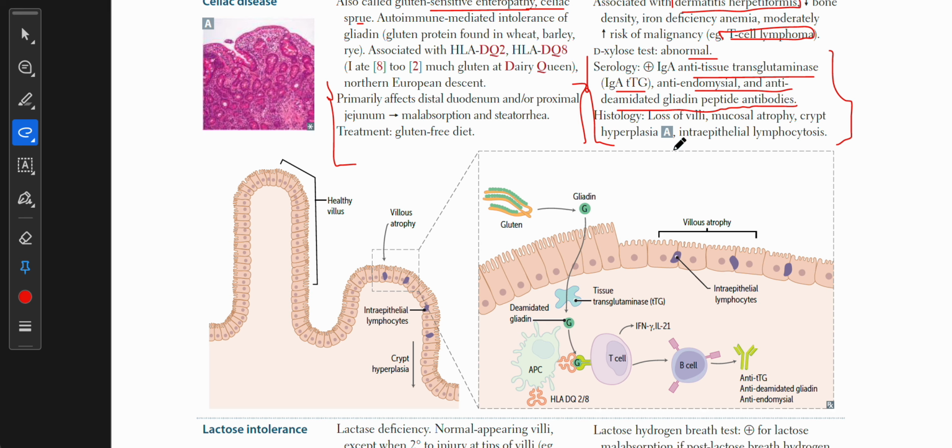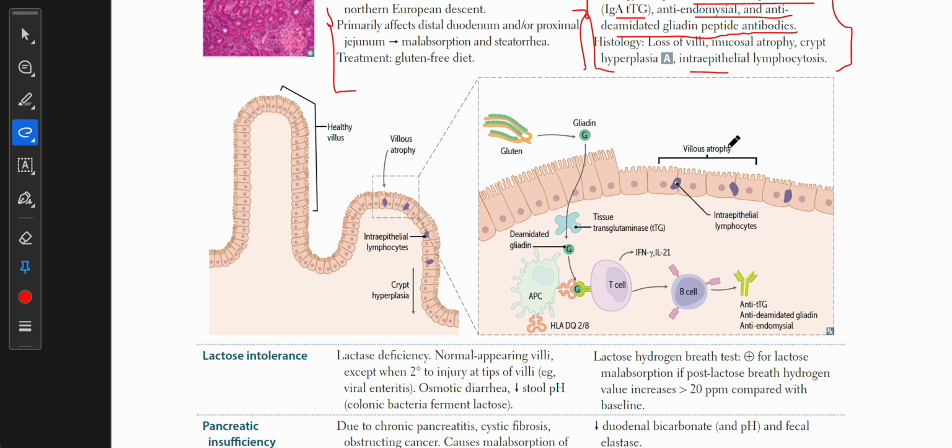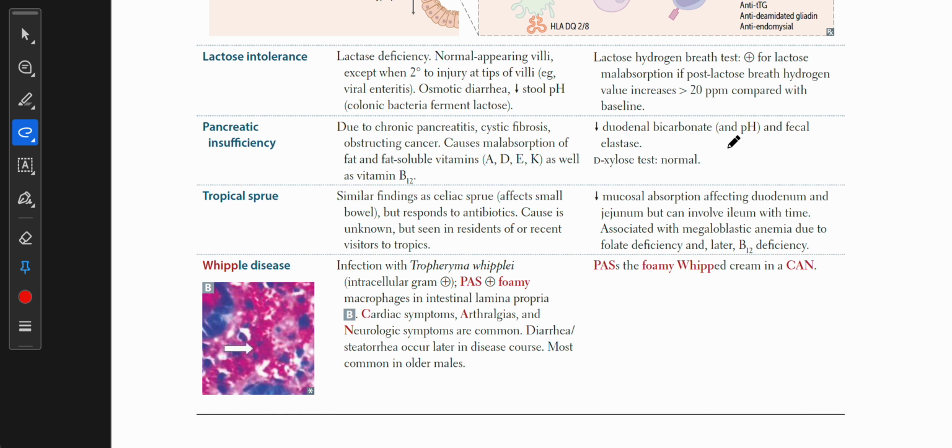In histology, loss of villi, mucosal atrophy, and crypt hyperplasia occur. There are intraepithelial lymphocytes present. Another one here is lactose intolerance due to lactase deficiency. There are normal-appearing villi except when secondary to injury at the tips of villi, for example viral enteritis. There is osmotic diarrhea and decreased stool pH because colonic bacteria ferment lactose.